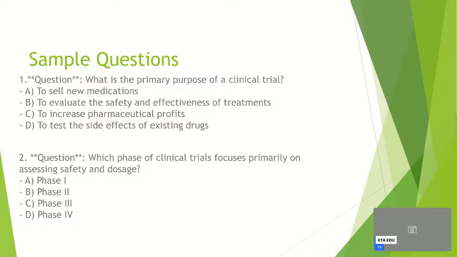Yes, you can write down your answer, that is A, B, C, or D. Question 2. Which phase of clinical trials focuses primarily on assessing safety and dosage? A, phase 1, B, phase 2, C, phase 3, D, phase 4.